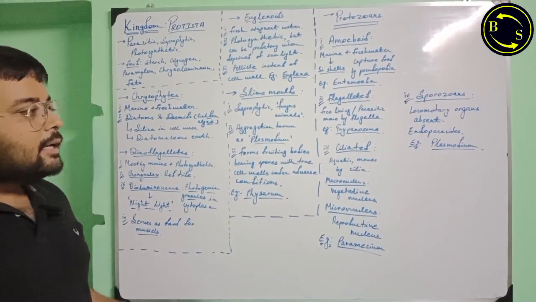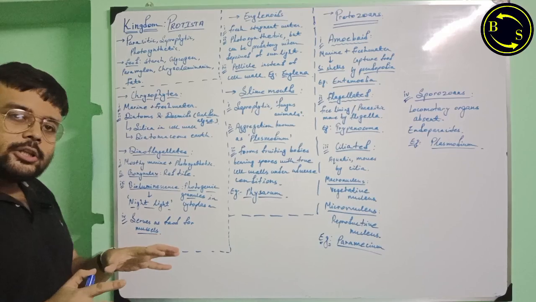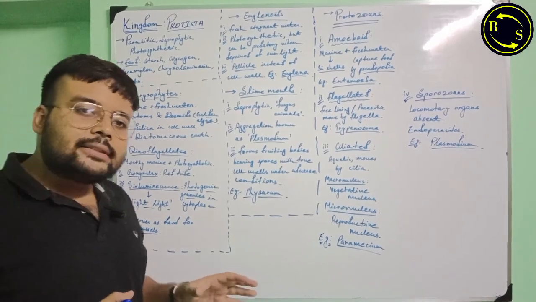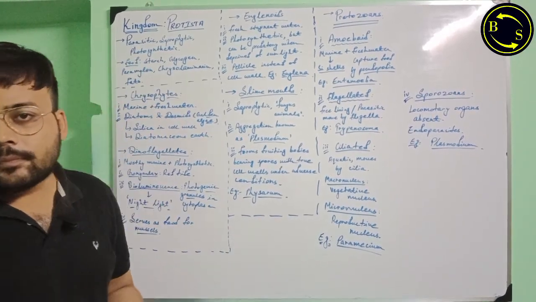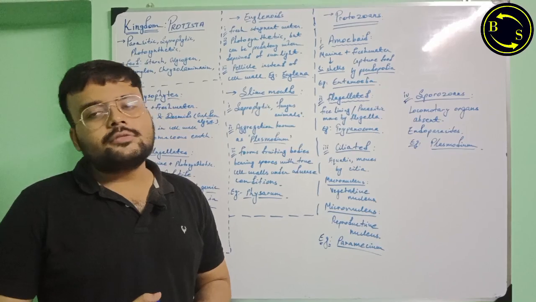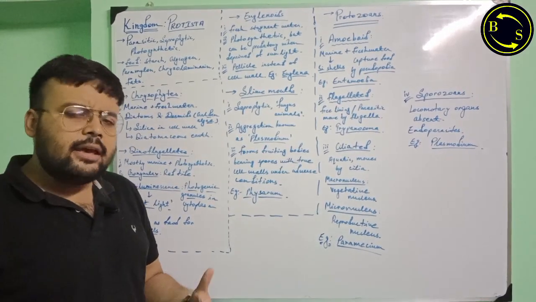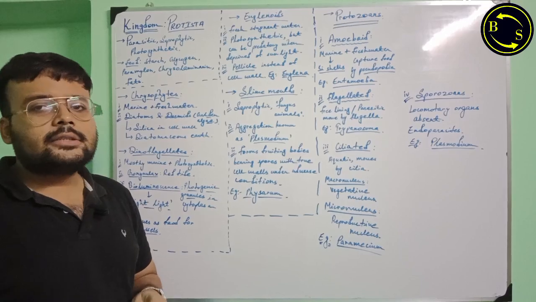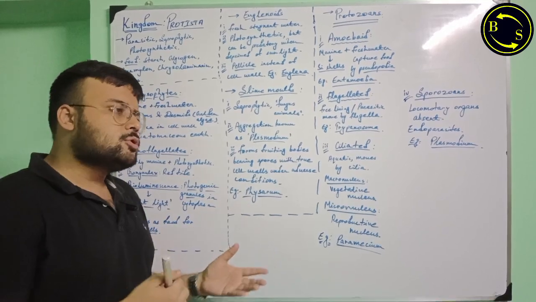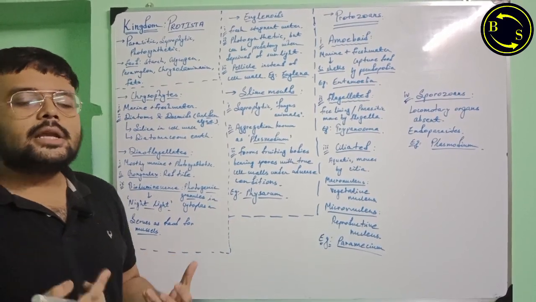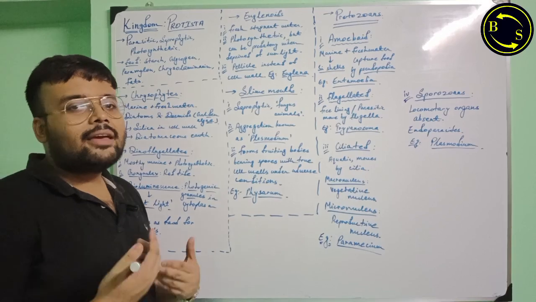Now these shells form aggregations on the ocean floor known as diatomaceous earth. This diatomaceous earth is very rich in silica, phosphorus and calcium, mainly in silica, and acts as one of the most important sources of silica that we have for our industries.